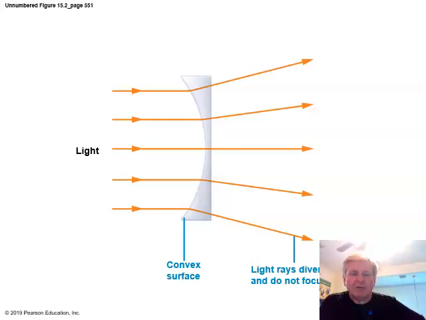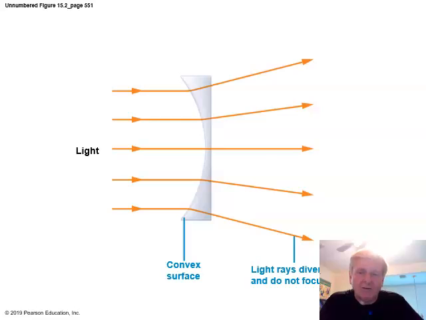So when light rays enter a concave surface, the light rays will diverge, spread out, so they'll be unfocused.